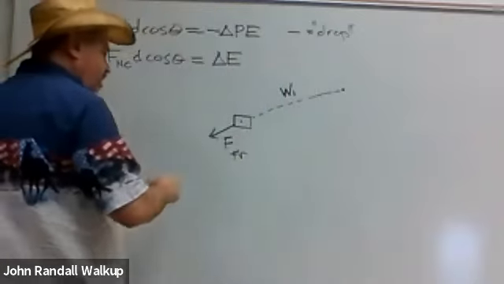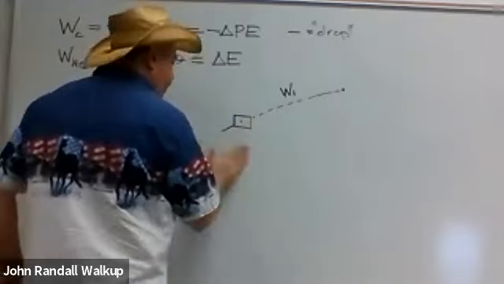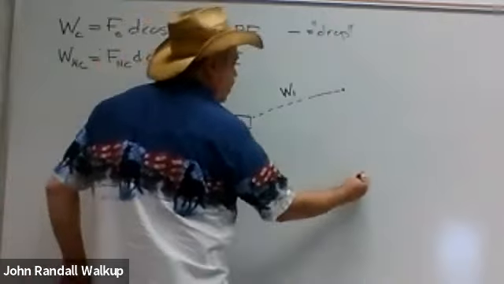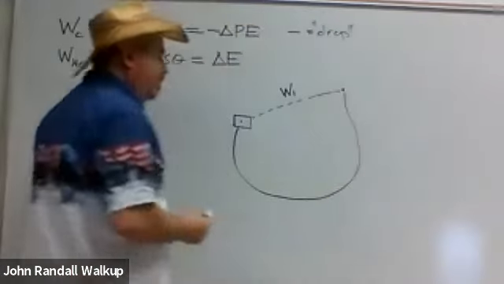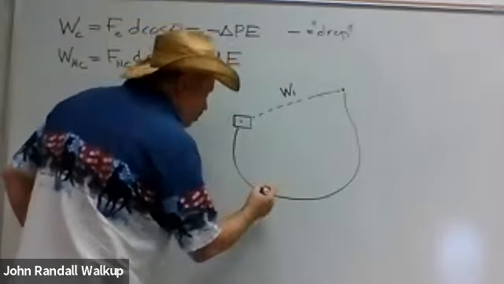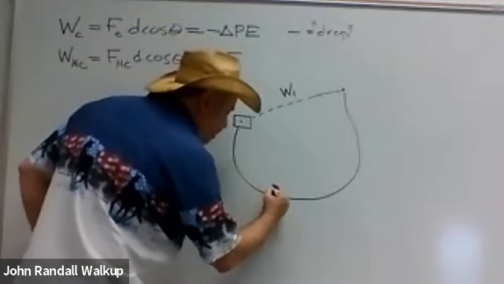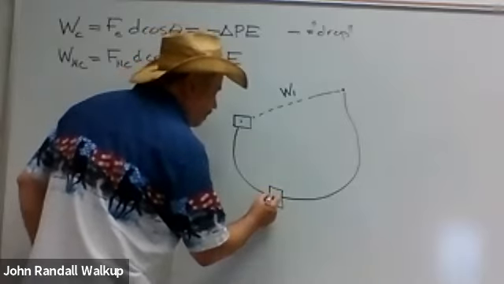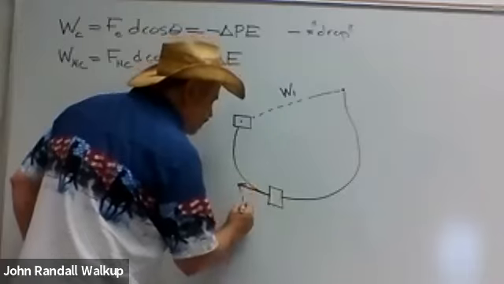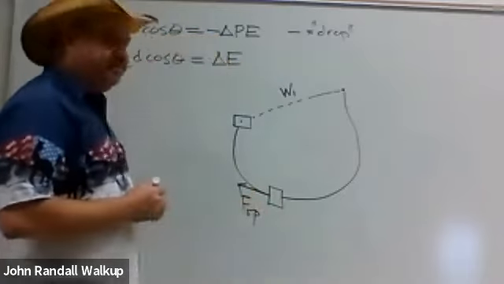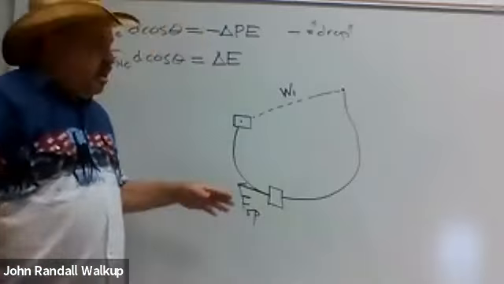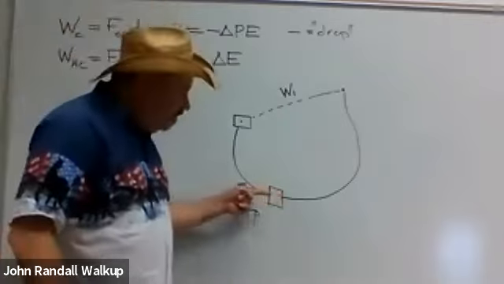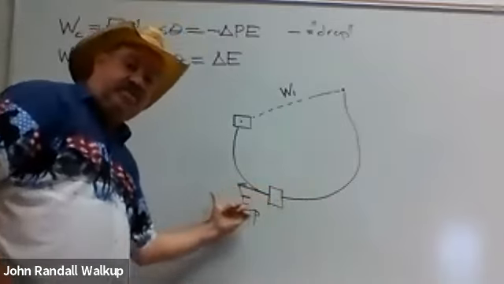But then I come along later and decide I want to do it differently. I'm going to push this box first along here, then I'll do it here. Now, as the box travels along here, at an intermediate spot, the force of friction acts in the opposite direction. And you'll notice, again, the displacement is in this direction and the force of friction is the opposite.